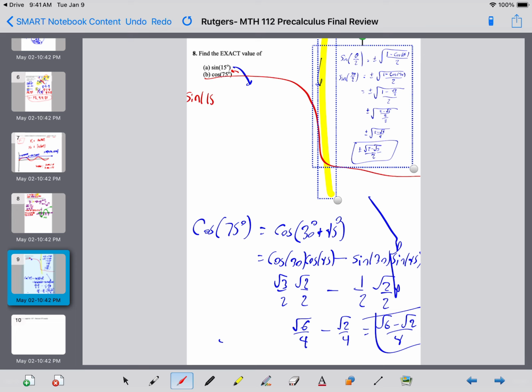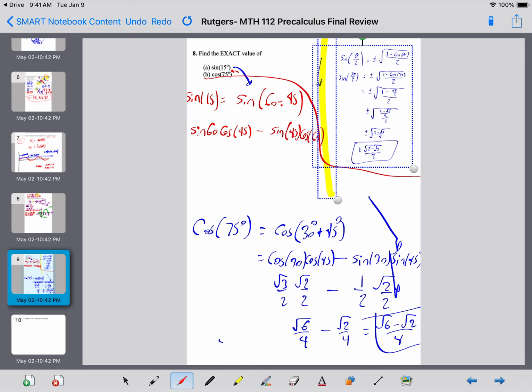Sine of 15 is the same as saying sine of 60 minus 45, right? So, sine is the same sign, so it's going to be negative, and you alternate sine and cosine. So sine of 60, cosine of 45, minus sine of 45, cosine of 60.